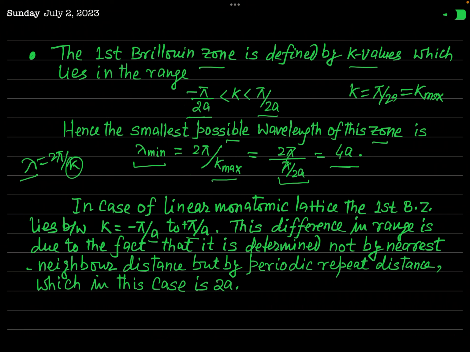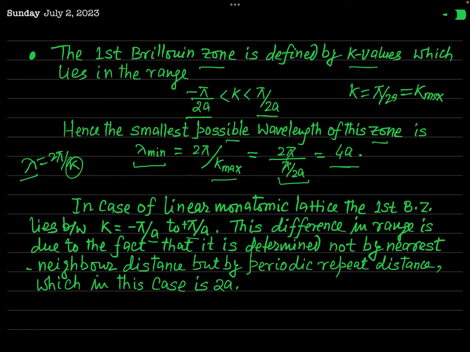These were the boundaries of the first Brillouin zone in case of monatomic linear lattice. But here in case of diatomic linear lattice, you are seeing that the boundaries are minus pi over 2a and plus pi over 2a. Why this difference?